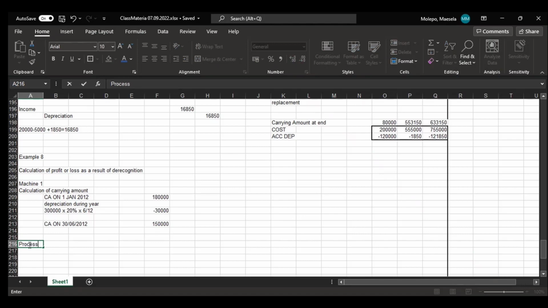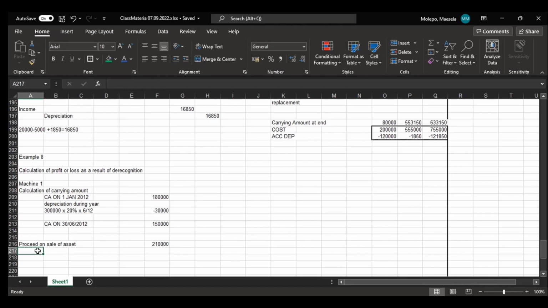Now, proceeds on sale of an asset. The asset was sold for how much? It was sold for 210.